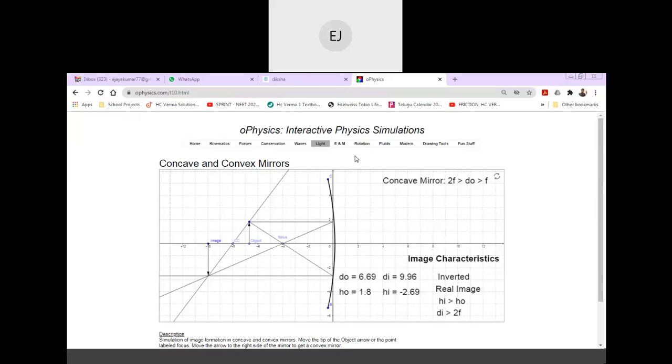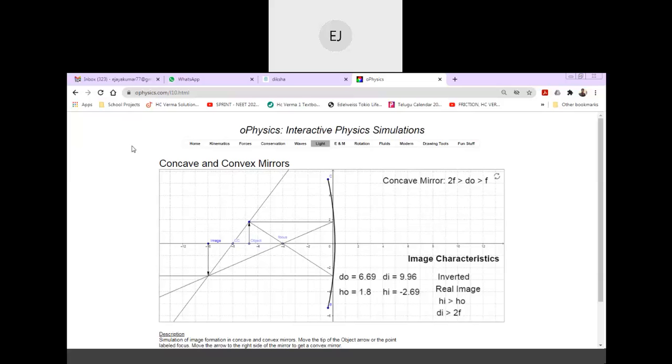These curved mirrors, concave or convex, are cut from the sphere. Sphere is a mathematical term you have learned, a spherical shape. It has some center, and that only we call the center of curvature in the case of curved mirrors also.